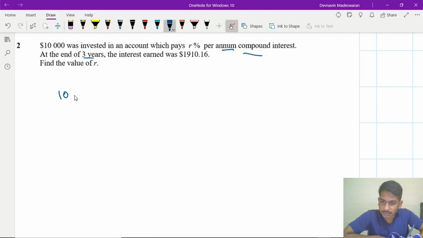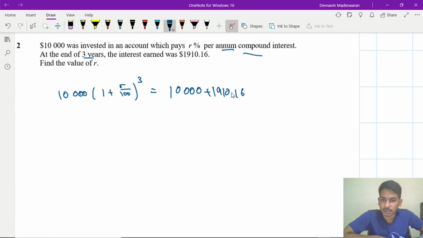So it's like 10,000 times 1 plus R over 100 for the first year. And then we do that for 3 years. So in the third year, we'll have 10,000 plus 1910.16.